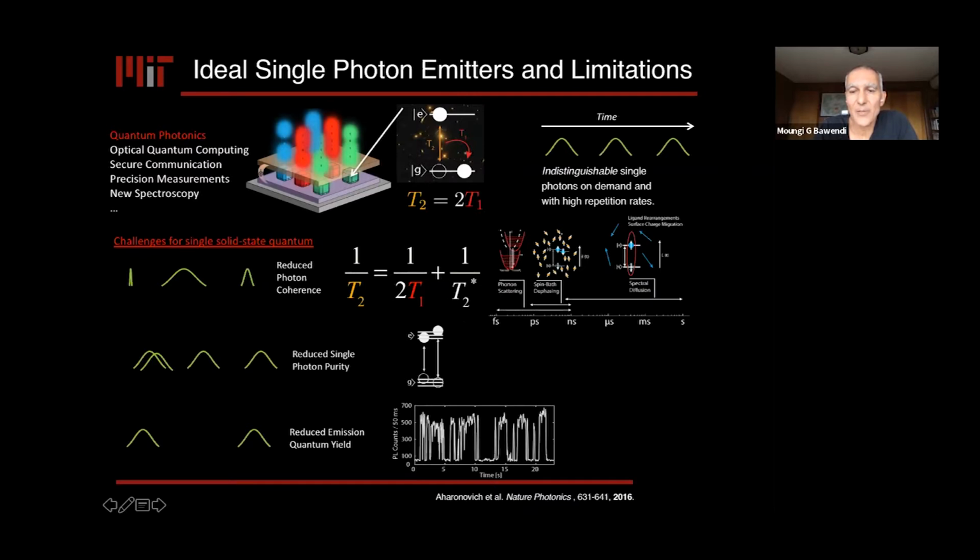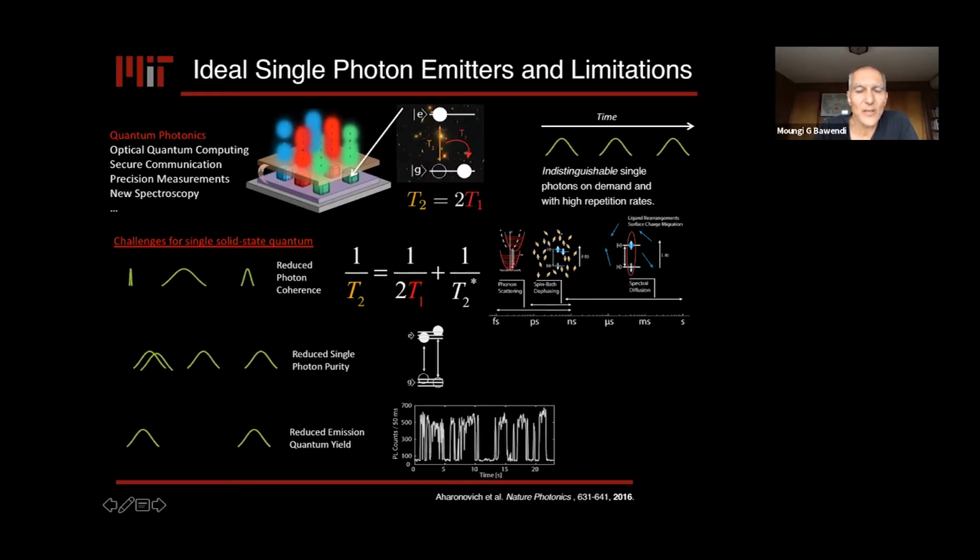These can happen at very fast timescales. So when you look at your T2 time, you have this relationship: 1 over T2 is 1 over 2T1 plus 1 over T2 star, where T2 star is the timescale of these interactions. That reduces the coherence time and prevents it from being as long as twice the T1 time.